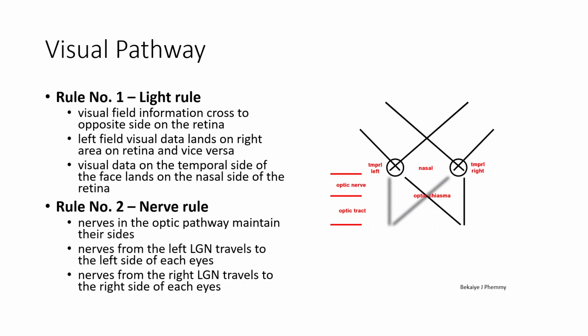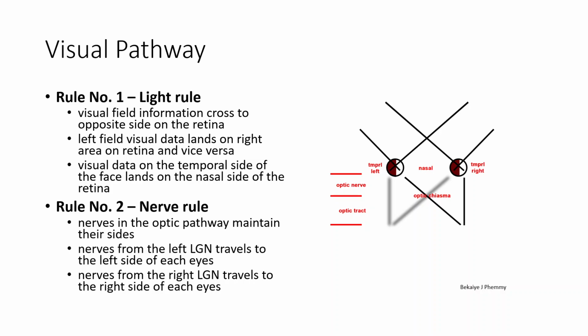Now, when there is a lesion at the level of the tract, remember, the nerves don't cross over. So when there is a lesion in the left tract, the left side of both retinas is affected.